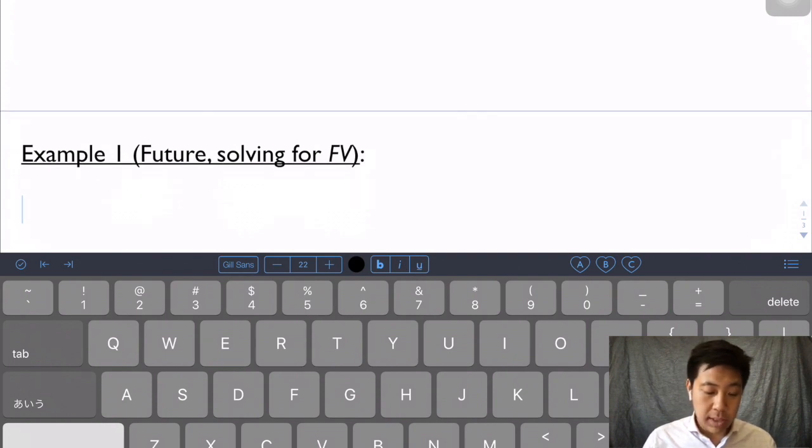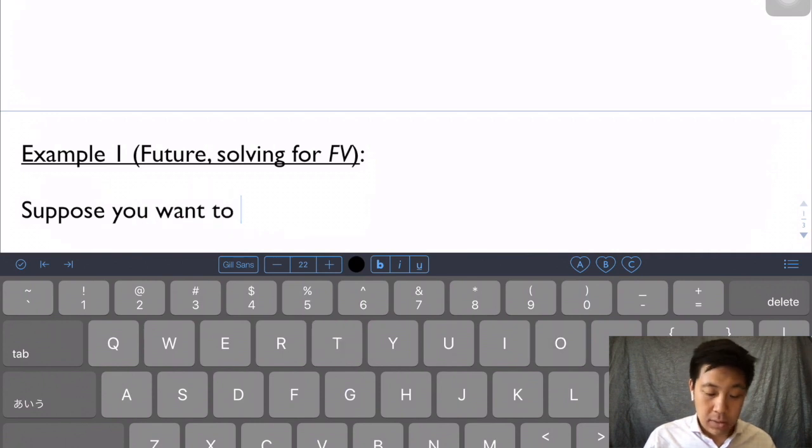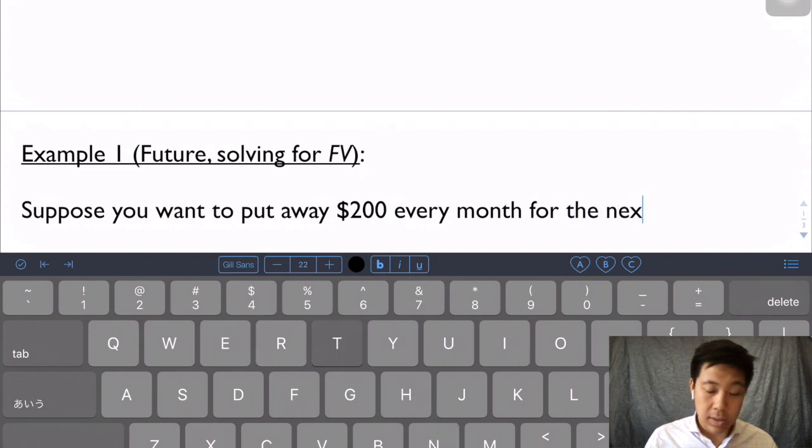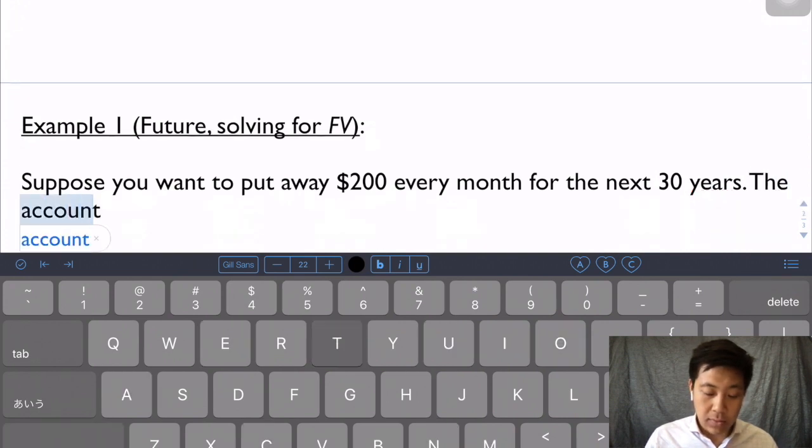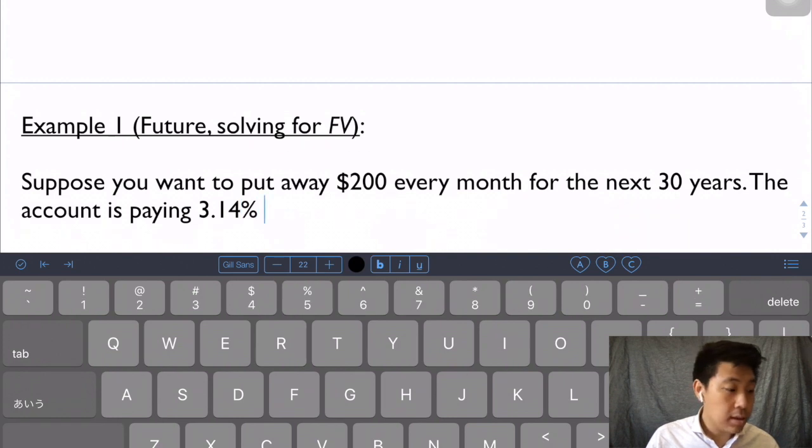Suppose you want to put away $200 every month for the next 30 years. The account is paying 3.14% compounded monthly.